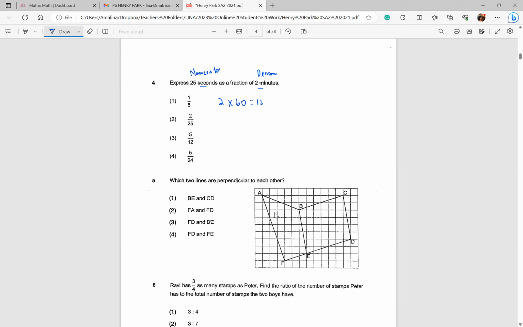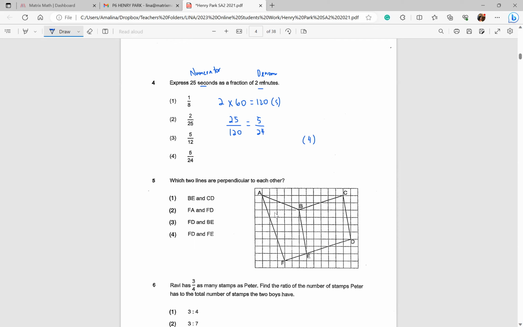So it's 120 seconds. So I will take 25 over 120. And then you simplify your fraction. If I simplify this, I should get 5 over 24, which gives us option number 4.